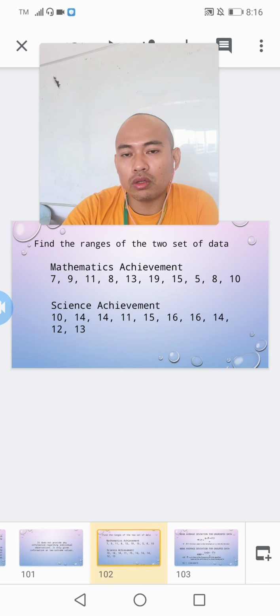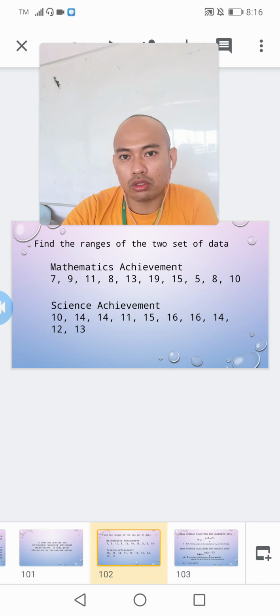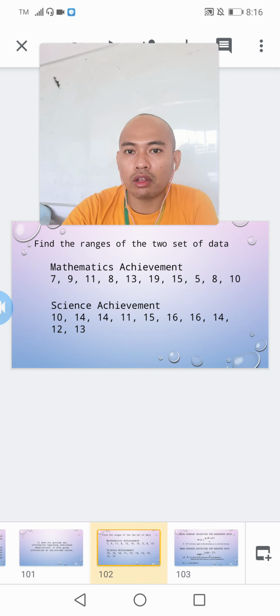So which between these two is considered to be more uniform, more consistent, more homogeneous than the other? It will be the lesser value for the range.